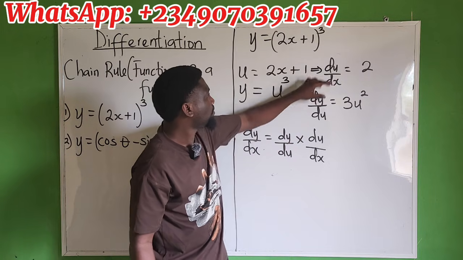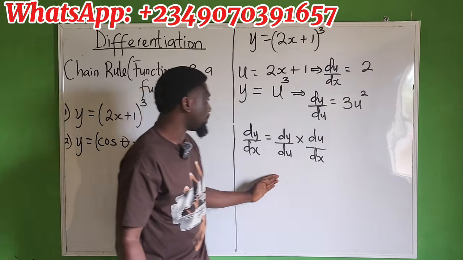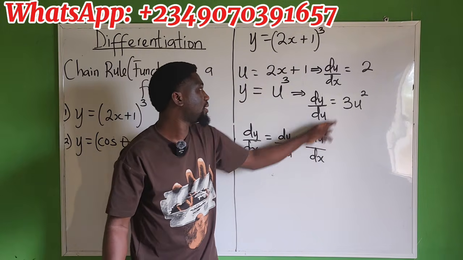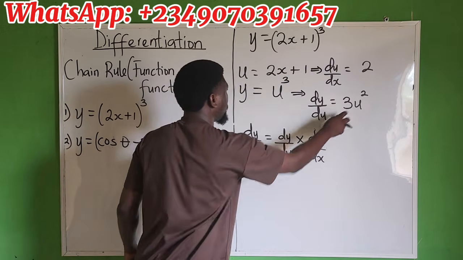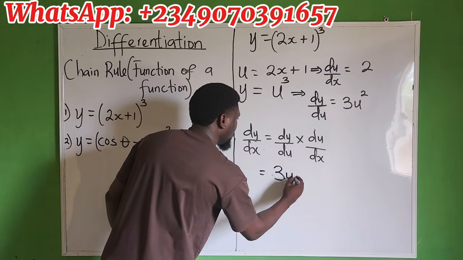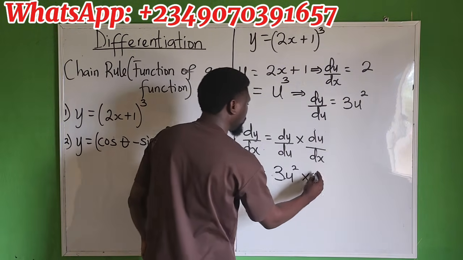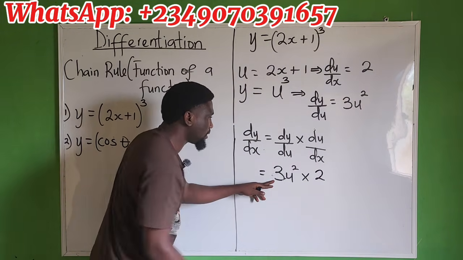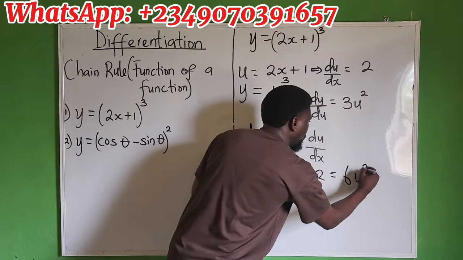Once you are done with this as well as this, just multiply it. So dy over du is 3u squared, multiplied by du over dx, which is 2. From here we know that 3 times 2 is 6. So we have 6, then left with u squared.